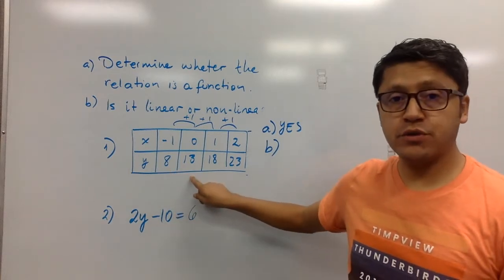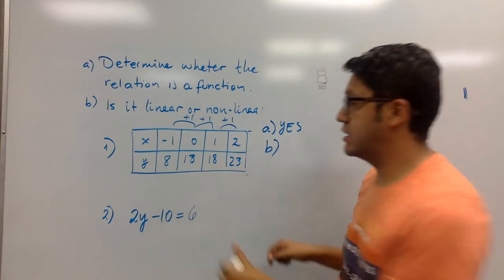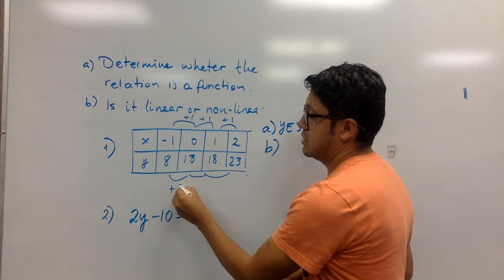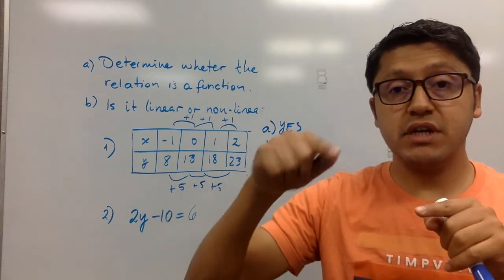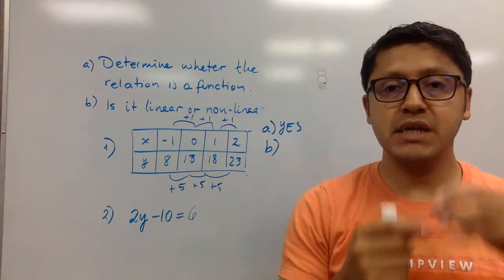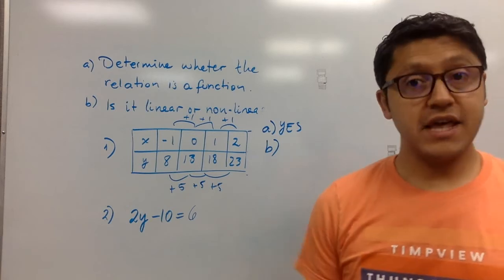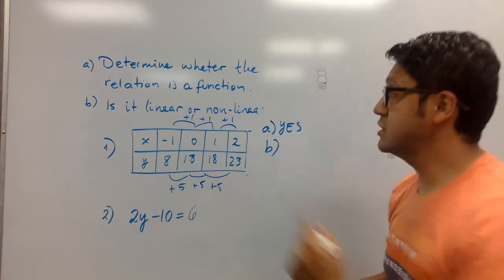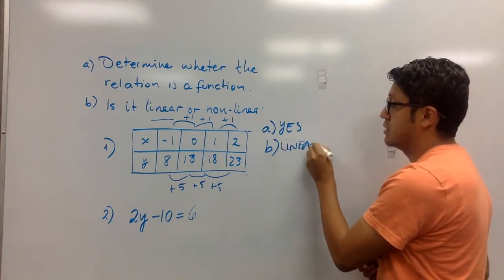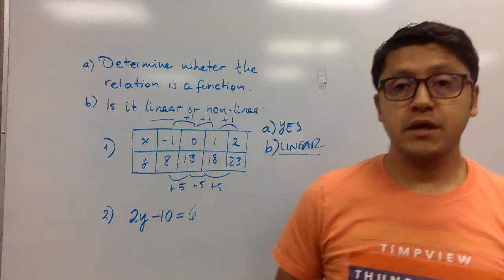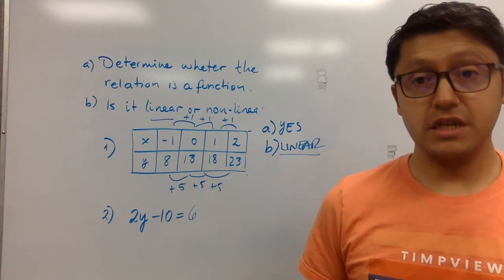You go from 8 to 13, from 13 to 18, from 18 to 23. Every time the input increases by the same amount, the change in output is the same, or the change is constant. That is the very definition of linear. So, in the case of the first exercise, we have a function that happens to be a linear function.